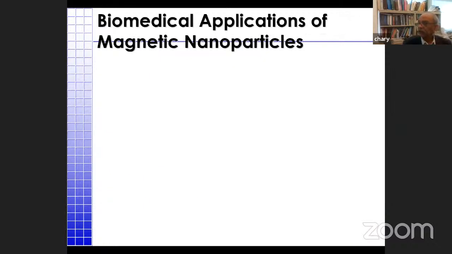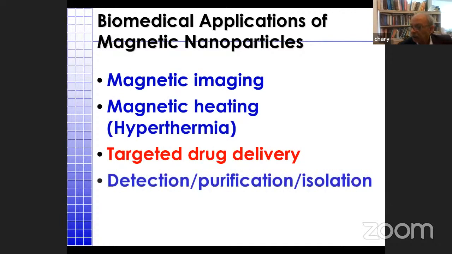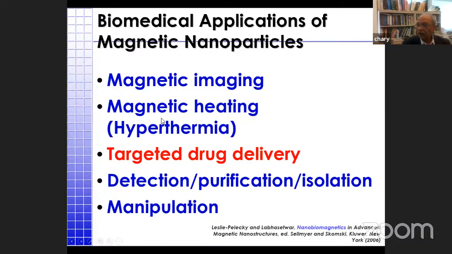All right, biomedical applications are magnetic imaging and magnetic heating. I don't know if you know this or not, but if you take a small-size magnetic material, such as a nanomagnetic material, put it in a tumor site and apply an external alternating magnetic field, that alternating field creates what we call friction, like Brownian motion and all that stuff.